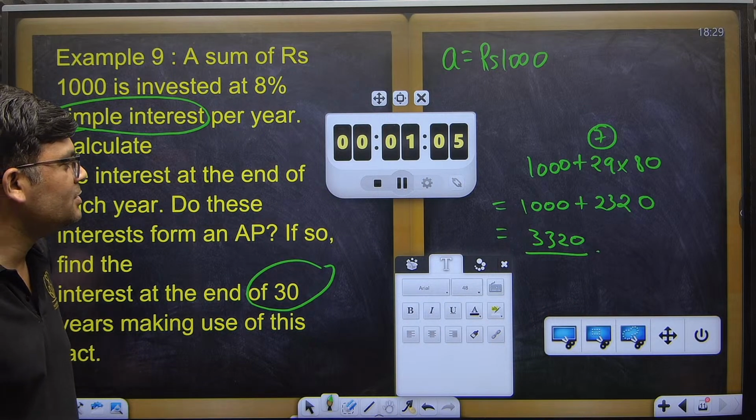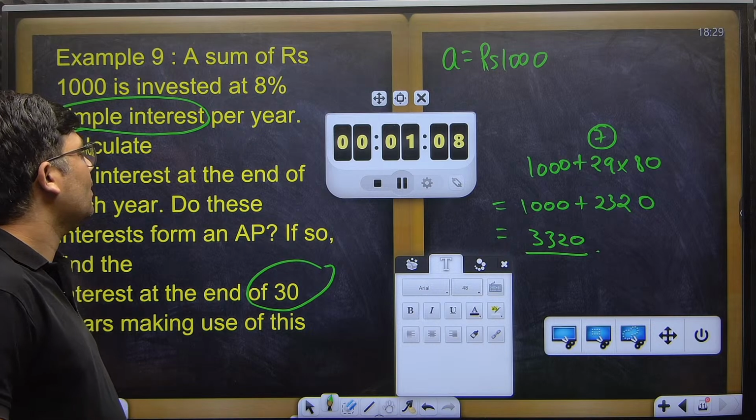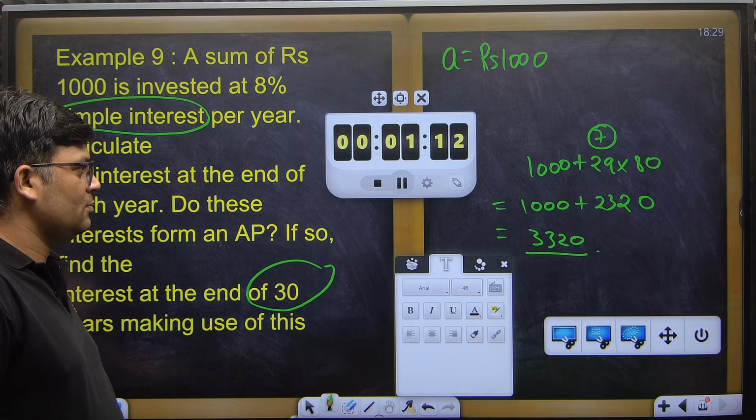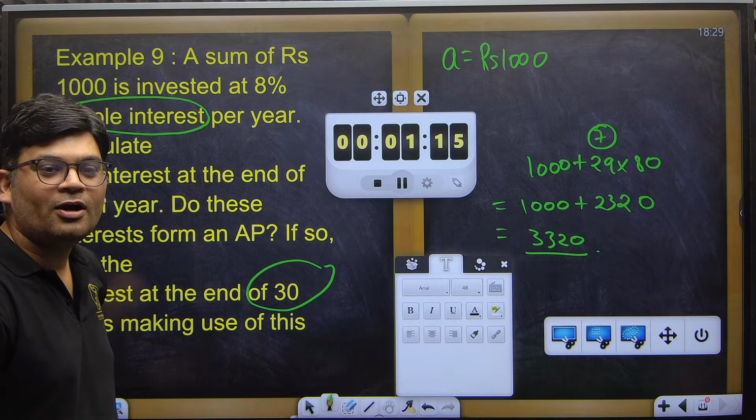I am getting a different answer from all of you. Sir, how? The simple interest formula is PRT by 100, right? I am not concerned with that.